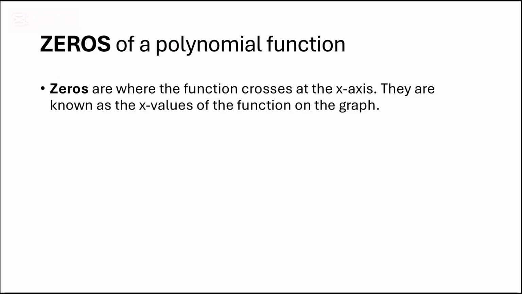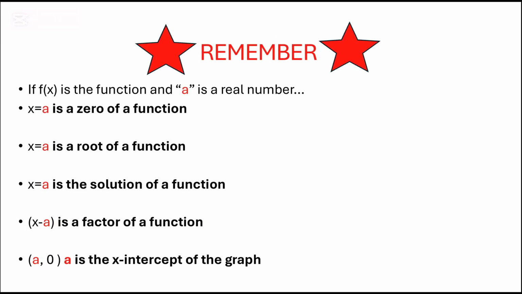Now we can't forget about the zeros. Zeros are where the function crosses at the x-axis. They are known as the x values of the function on a graph. So remember, if f of x is the function and a is a real number, x equals a is the zero of the function.